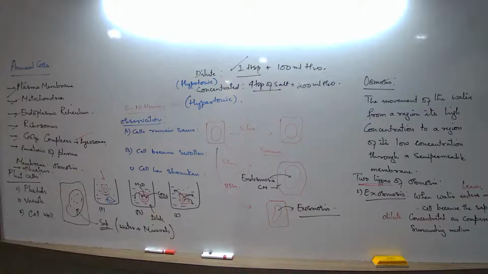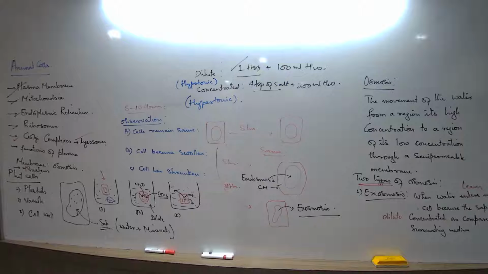Okay, let us see this. What is happening? The cell is shrinking, no? The cell is becoming small. Why is the cell becoming small? Because the cell is giving away water. Which medium is concentrated, this or this? This part has more solute, less water.